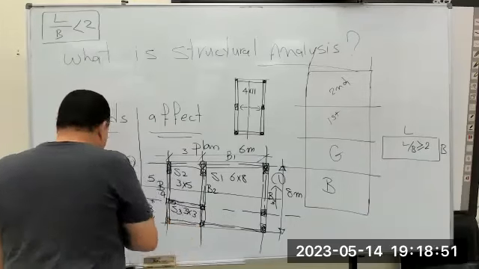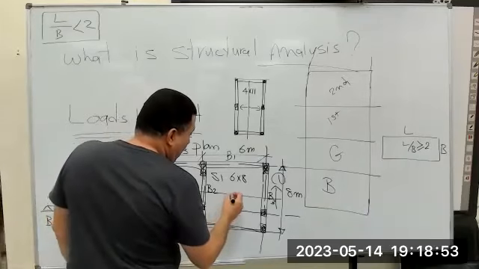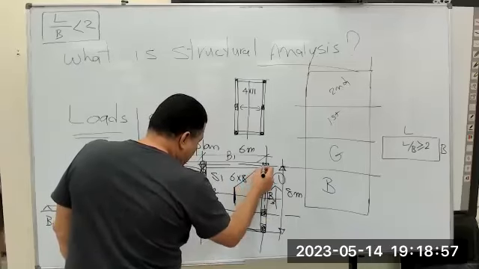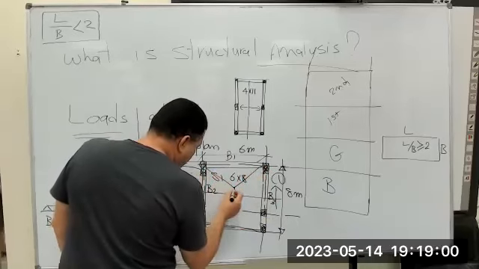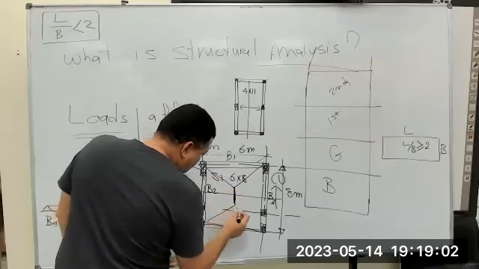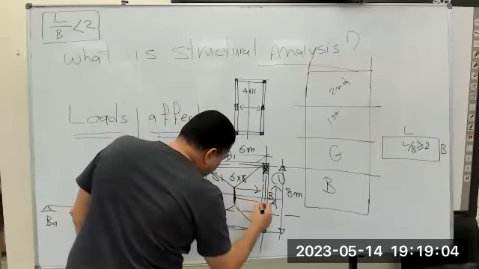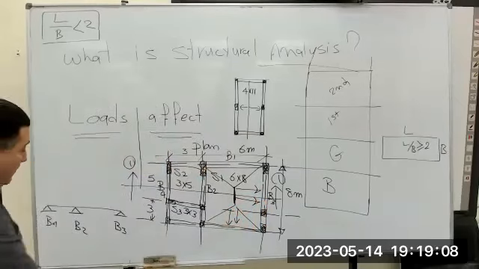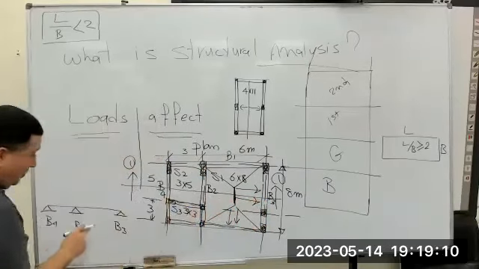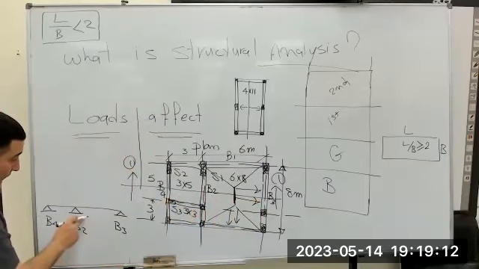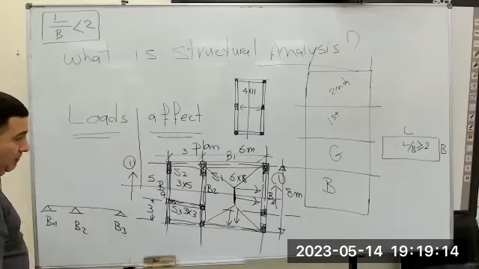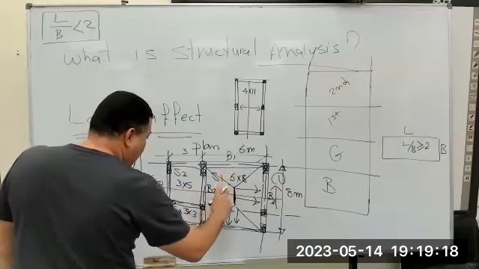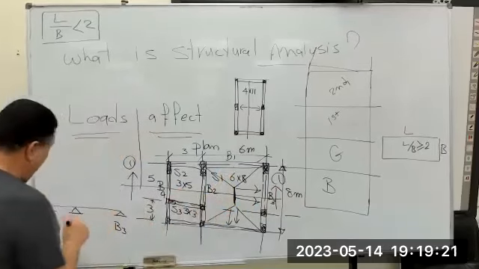This slab is a two-way slab. So this is one direction and two directions. So now for beam 3 and beam 2, what do we have? We have loads. The load in the beam is coming from here and coming from here. So the loads coming here, this one is at beam 2.